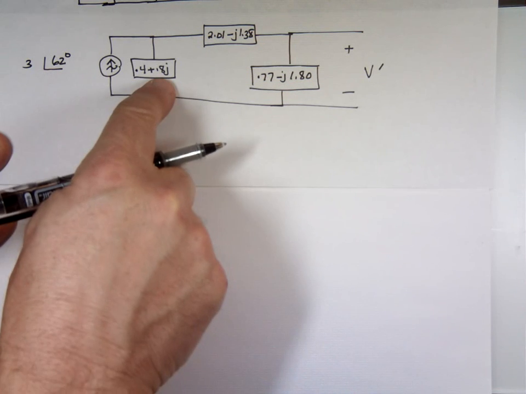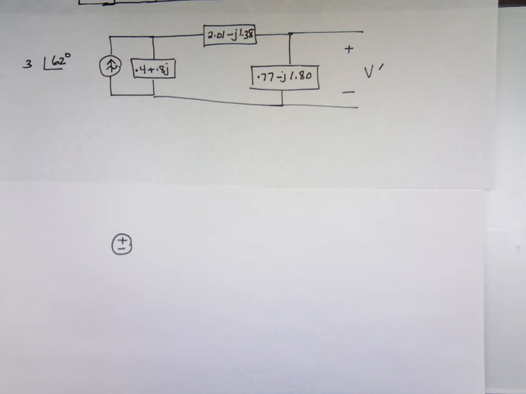So let's multiply them: 3 angle 62 times 0.4 comma 0.8.